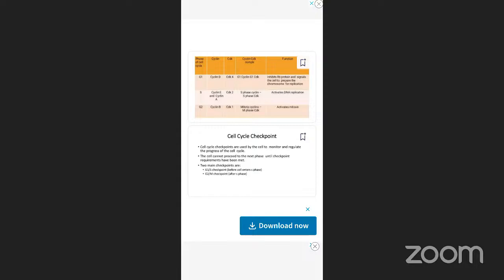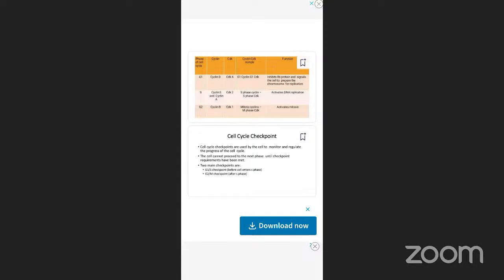In the cyclin-CDK complex, G1 has G1 cyclin and G1 CDK, next S phase cyclin and S phase CDK, and G2 has the mitotic cyclins with M phase CDK.